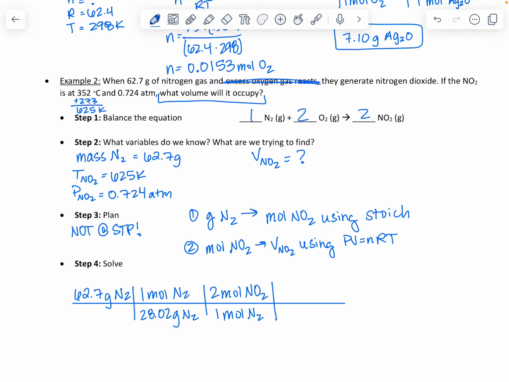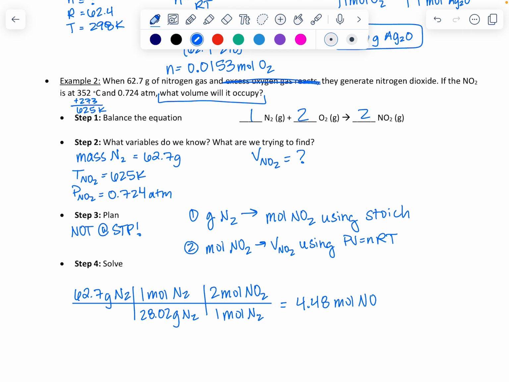And then we're going to stop there because we can't use 22.4 for the volume. Let me erase this. We don't need this part, and actually we don't need that either. We're going to be done with the stoichiometry. That should be, let's see, multiply the top, divide by the bottom, 4.48 moles of nitrogen dioxide.